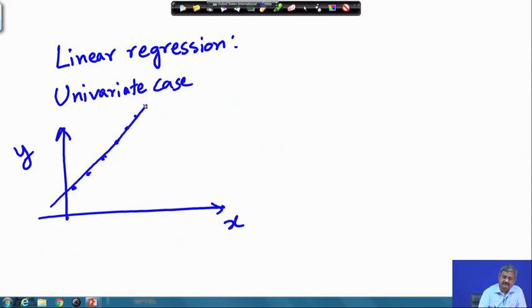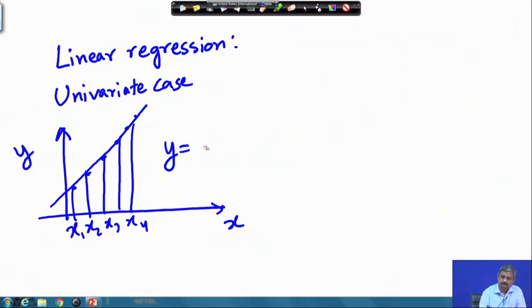In the univariate case, y = A0 + A1x is a straight line, where A0 is the shift and A1 is the slope.